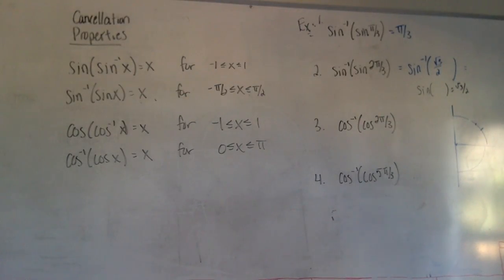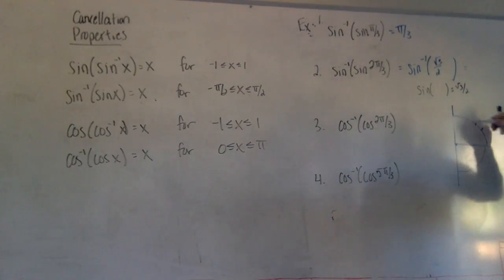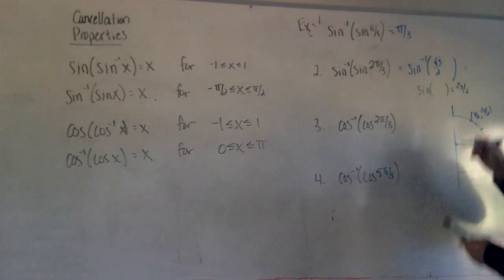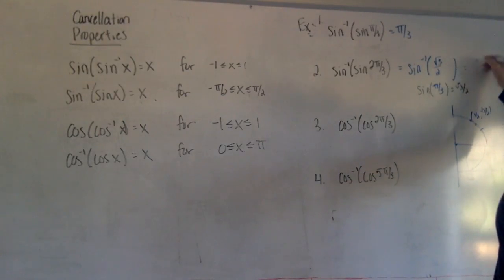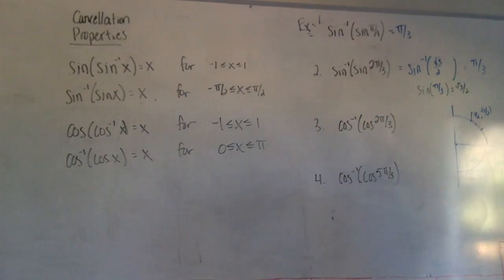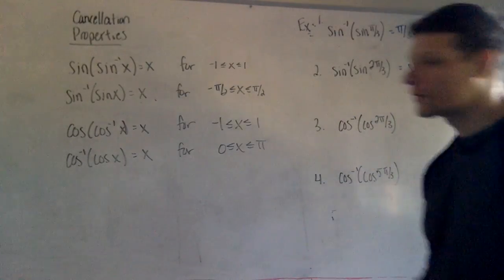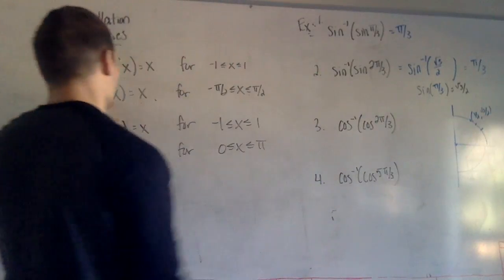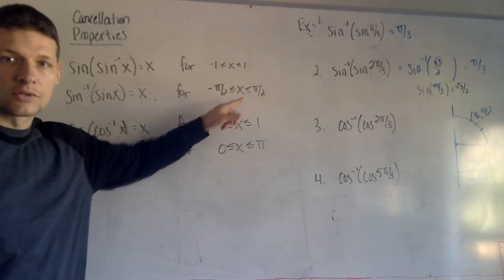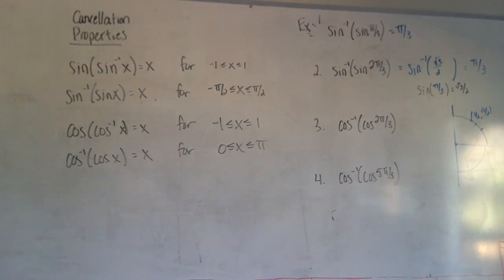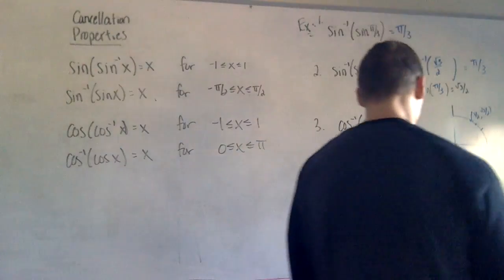Well, the y value is root 3 over 2 right here, and that happens at pi over 3. So this answer here is pi over 3. Again, you have to do more work on this one because this number was not between negative pi over 2 and pi over 2. Okay?